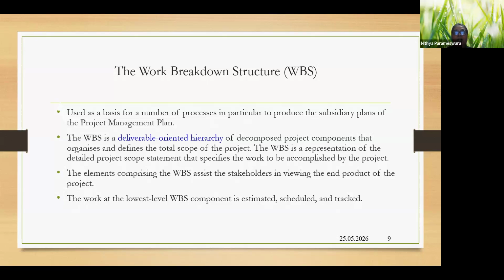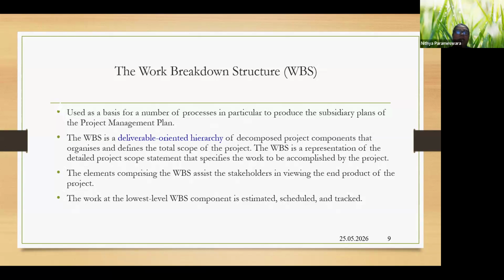So down in the hierarchy, you will get more decomposed project components that will organize and define the total scope of your project. Your WBS will represent the detailed project scope statement, and it will specify what work needs to be completed inside the project.